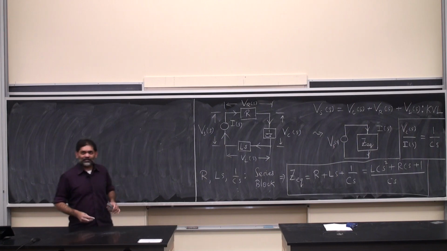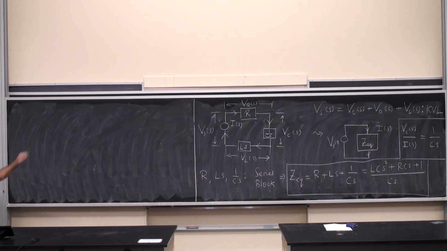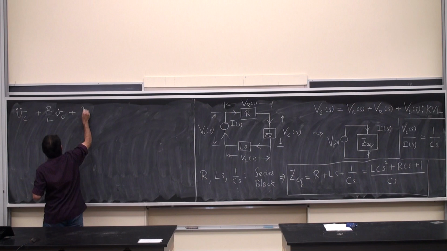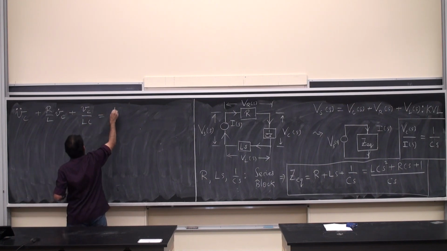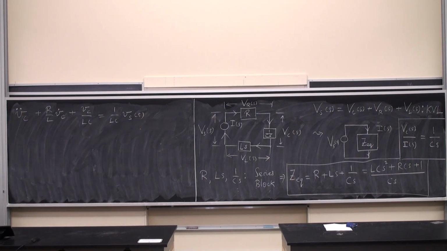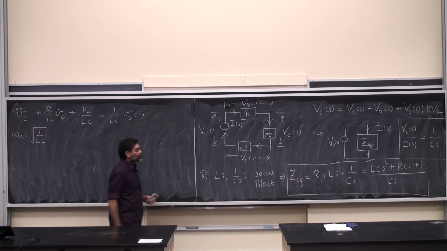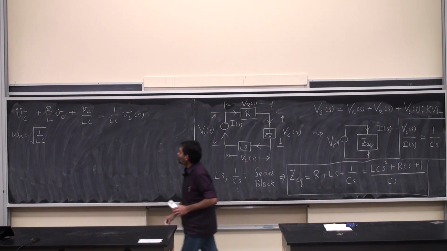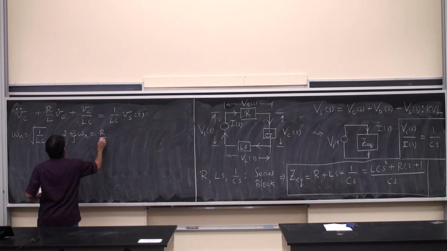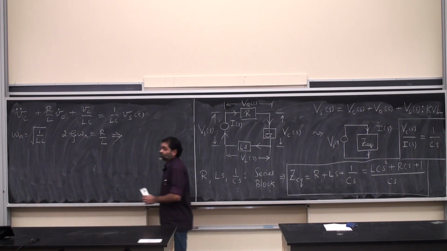Just for my own thinking, because I forget what I write, I'll rewrite it again. VC double dot, R by L VC dot, Vs of t, and then we had omega n square as 1 by LC, or omega n is square root of 1 by LC. 2 zeta omega n is R by L. I can solve for zeta.